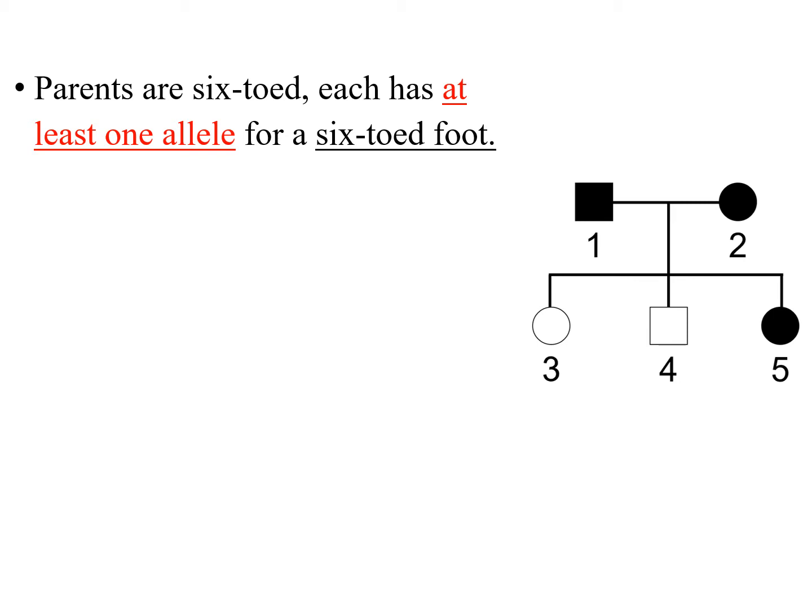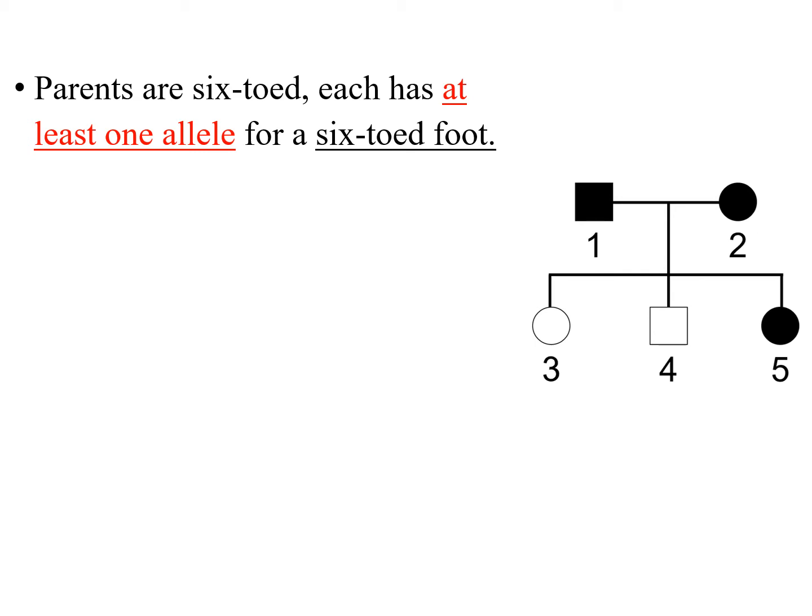And therefore, each of them must have the six-toed allele to show the six-toed character. But we don't know whether parent 1 and parent 2, each of them, have one six-toed allele or two six-toed alleles. So we will say that for parent 1 and 2, they are six-toed, and each of them might have at least one allele for six-toed.